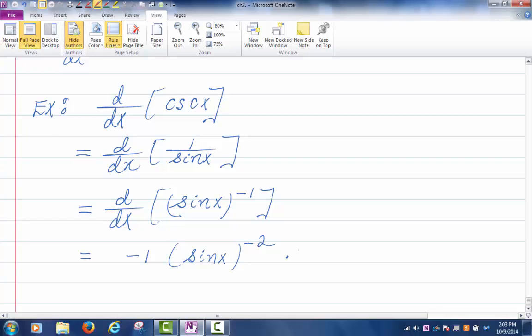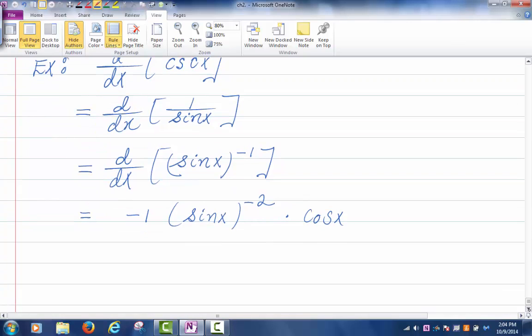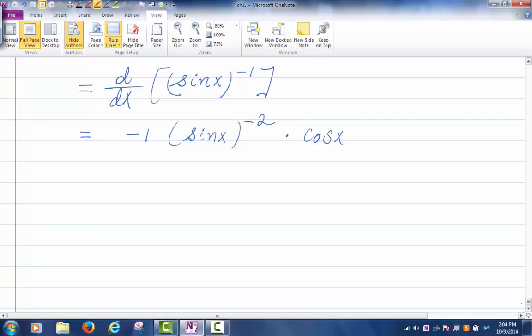And we already know that the derivative of sine is cosine x. However, we are not done yet. This is the derivative, of course, but usually we write it in a nicer way. So this would be the same as negative cosine x divided by sine squared x, right?